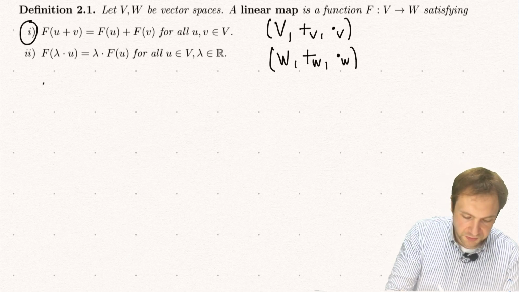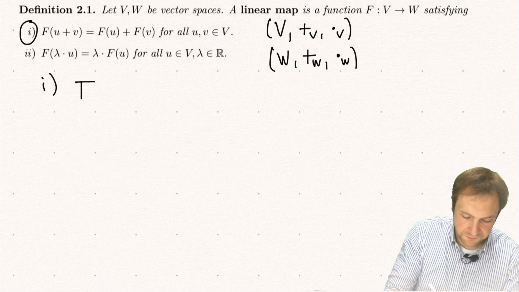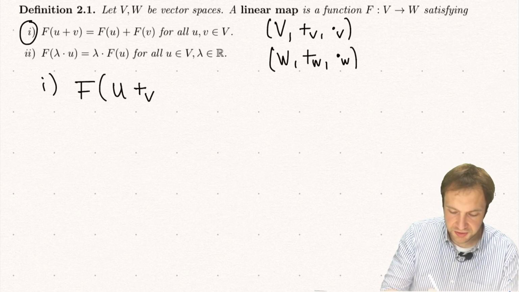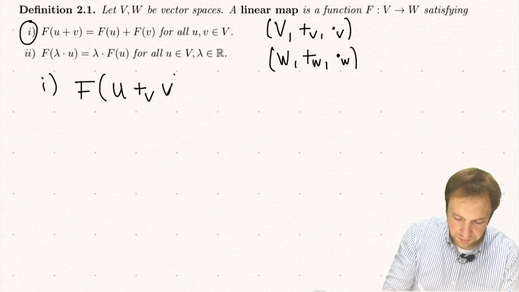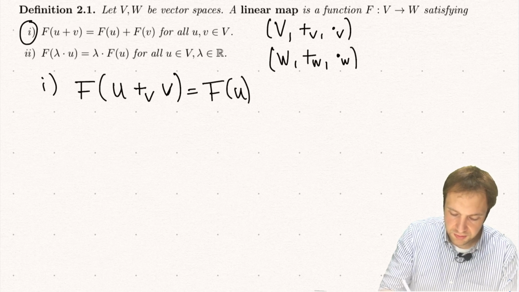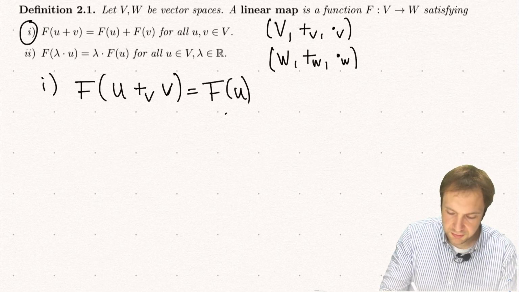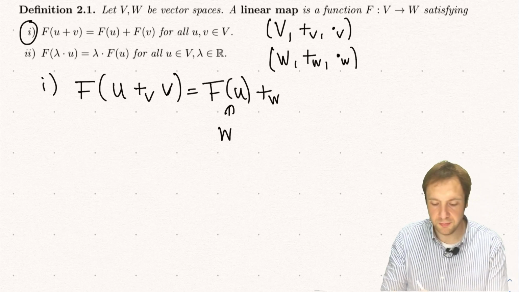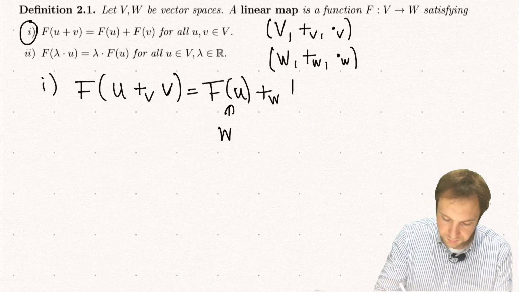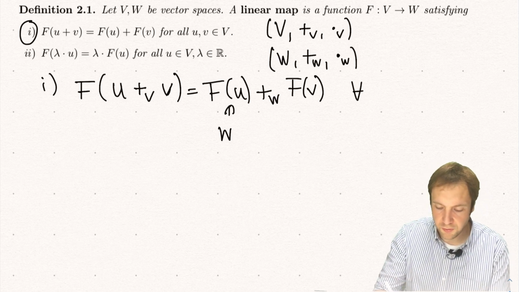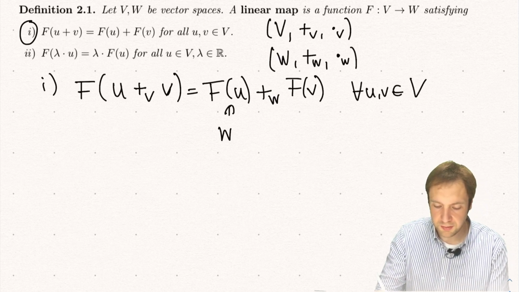Then this first condition really means that f, when I have two elements in V, so these I add with the addition in V, should be the same as f of u, which is an element in W, so this I need to add by the addition in W to f of v, and this should be the same for all u and v in V.